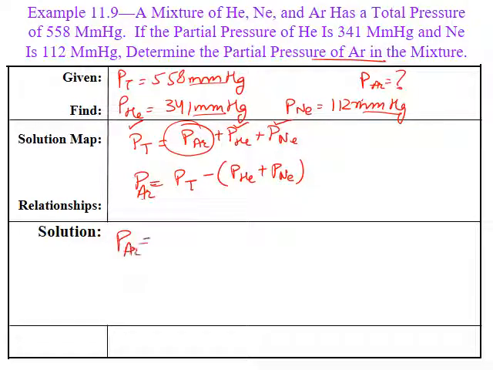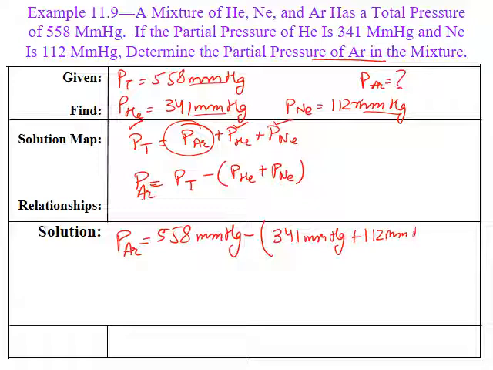So P of argon would be total pressure, which is 558 mm of Hg, minus pressure of helium, which is 341 mm of Hg, plus the pressure of neon, which is 112 mm Hg.